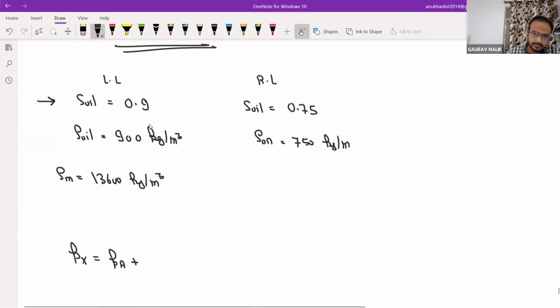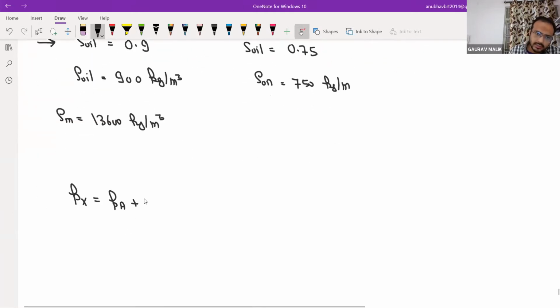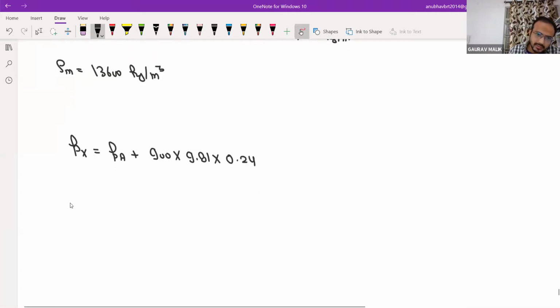That is PA plus 900 into 9.81 into 0.24, since 24 centimeter means 0.24 meter. Is it clear?